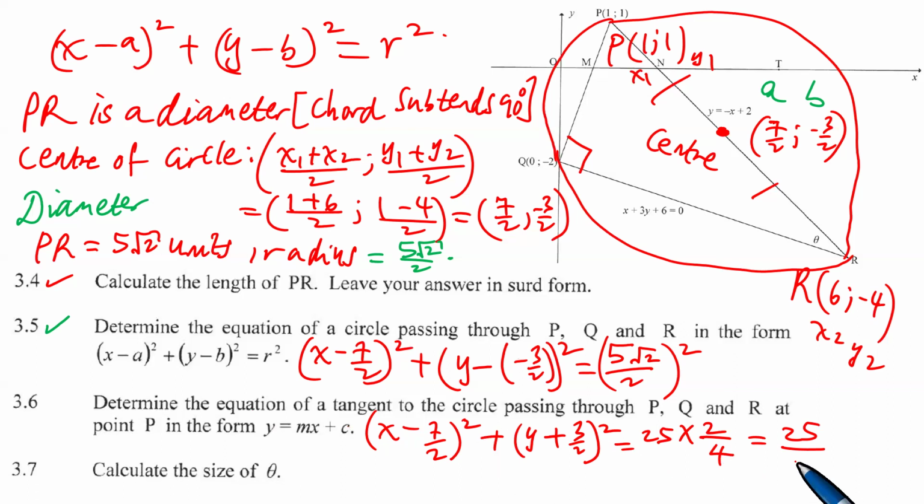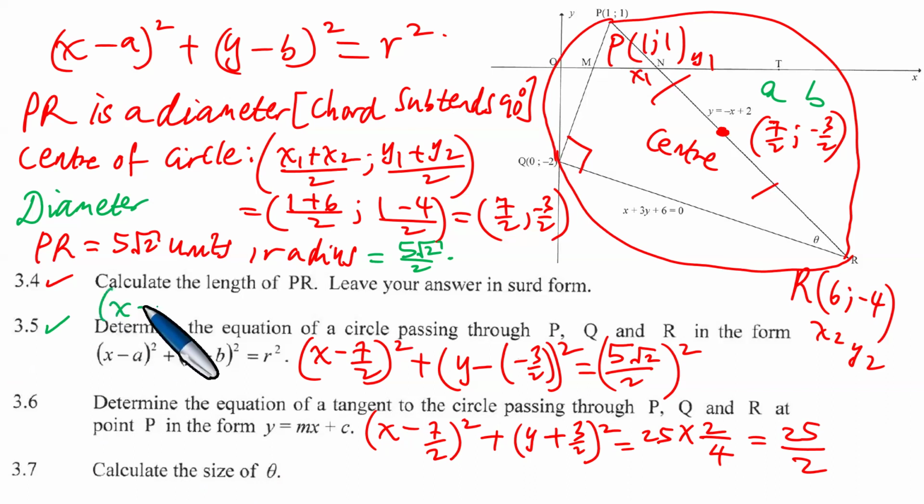25/2. Excellent stuff. And therefore, this is the equation of the circle that the examiner wants. We can write it down more compactly and say, okay, Mr. Examiner, the answer to the equation you want is this one here.